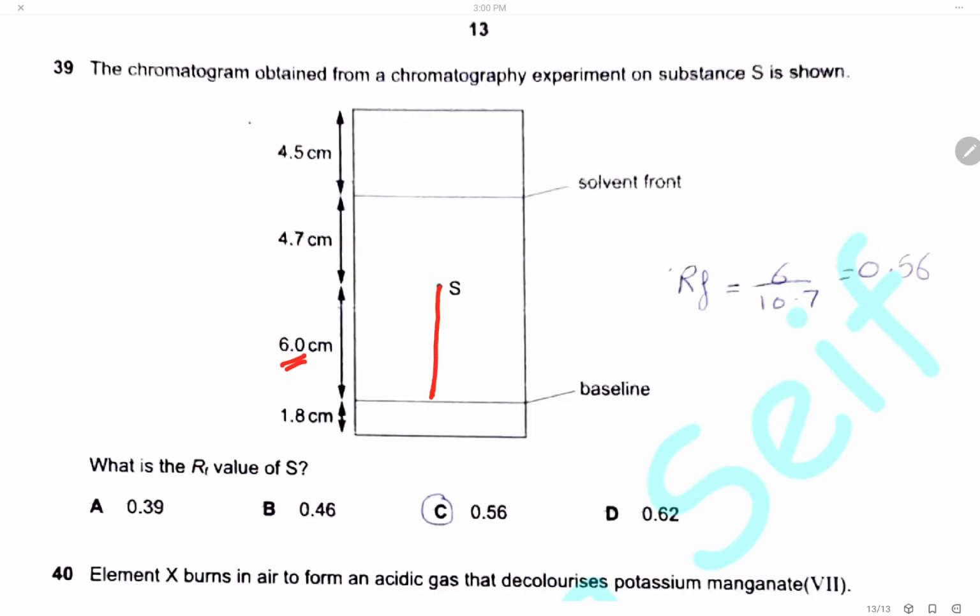This will be 6 centimeters, and then the distance moved by the solvent, which is the distance from the baseline to the solvent front, which is here 6 plus 4.7, it will be 10.7. The Rf value is the distance moved by the sample divided by the distance moved by the solvent. 6 divided by 10.7 will be 0.56. So the answer is C.